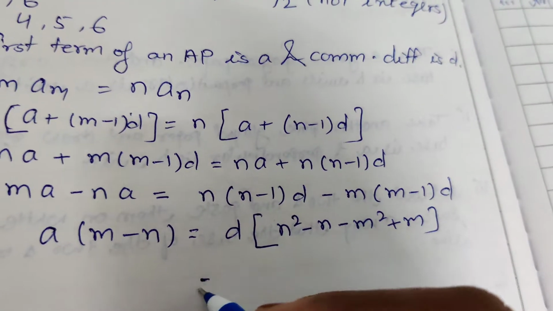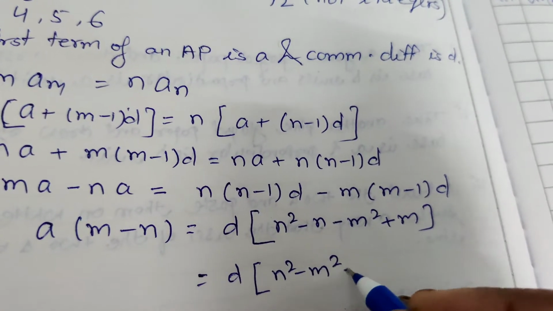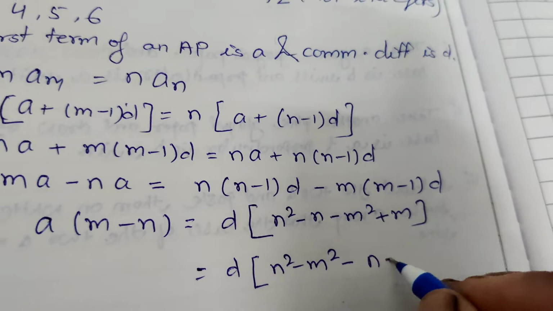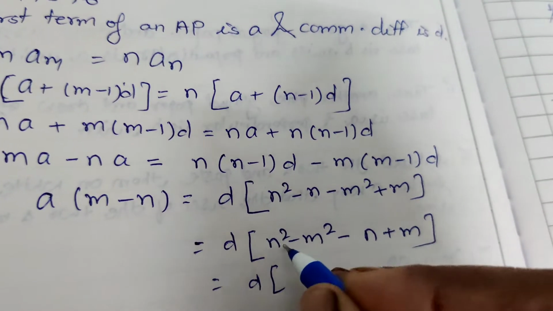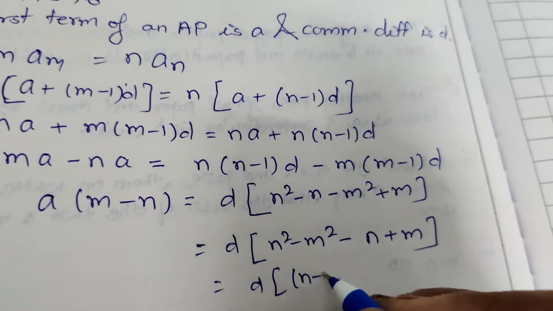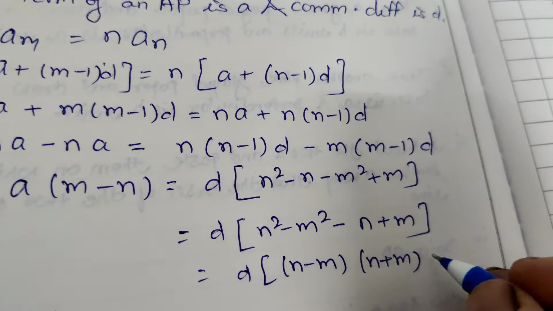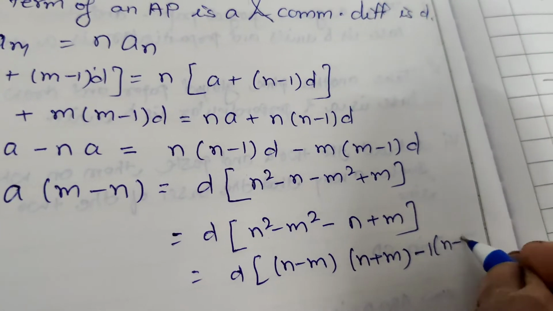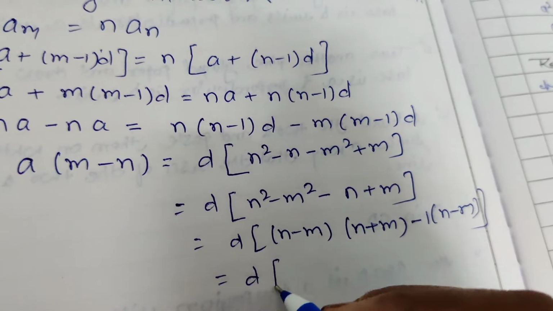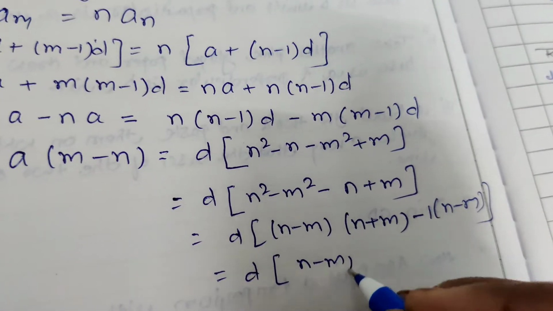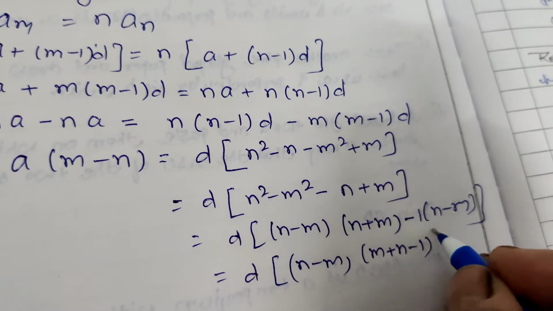Rearrange and factorize: d times n square minus m square minus m plus n. Factorize n square minus m square, we get n minus m, n plus m, and minus 1 common. So d equal to n minus m times m plus n minus 1.